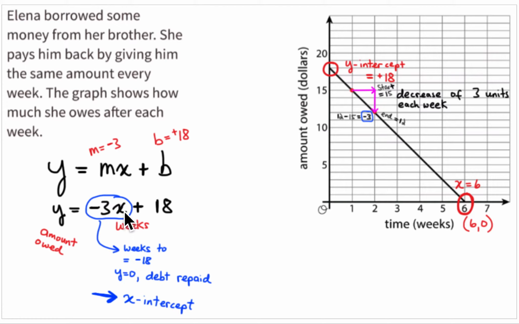So what does x have to be to make this part of the expression equal to -18? Well, x has to equal 6. 6 times -3 is -18. So when y equals 0, the debt has been repaid. So over here, when y is equal to 0, the debt's been repaid, and that's called the x-intercept.